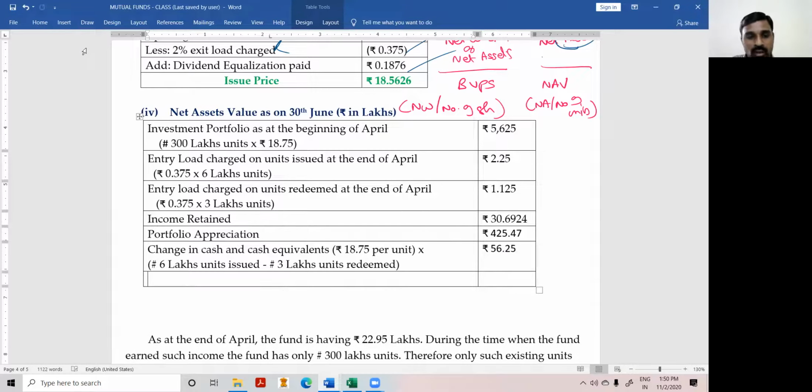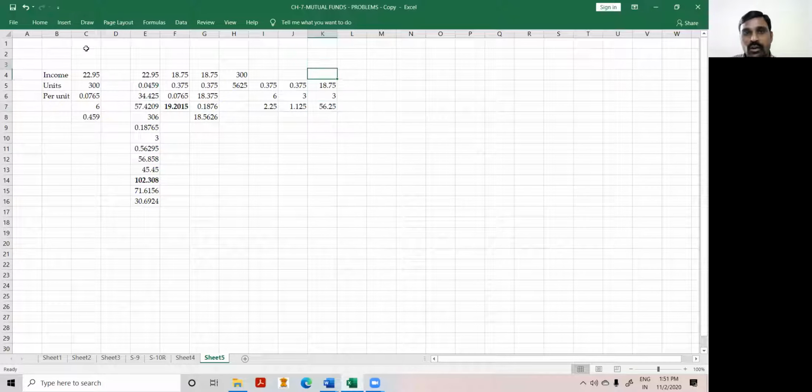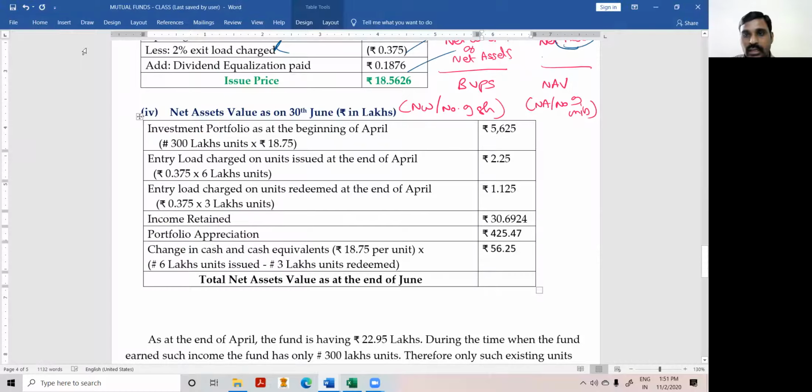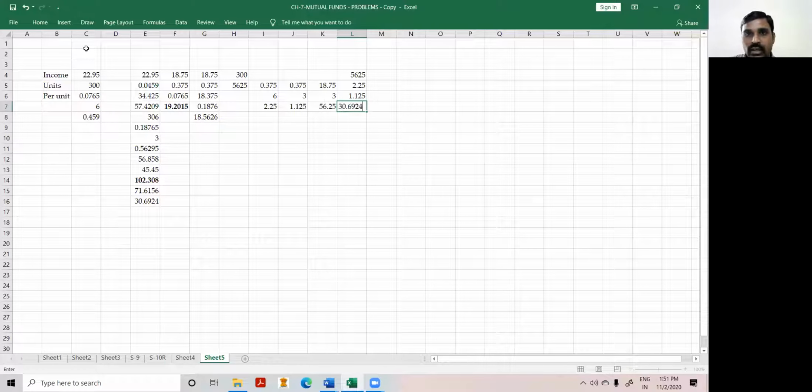Now we have to take the total net assets value as at the end of June. How much is the total net assets value? Take out everything. 5625. Next 2.25. Next 2.25. Next 1.125. And next 30.6924.